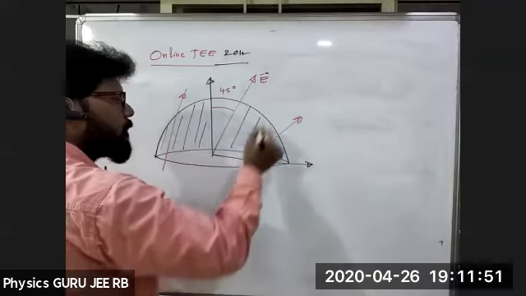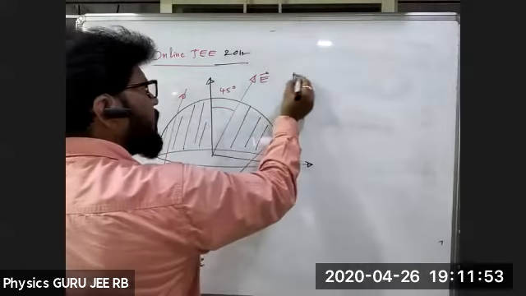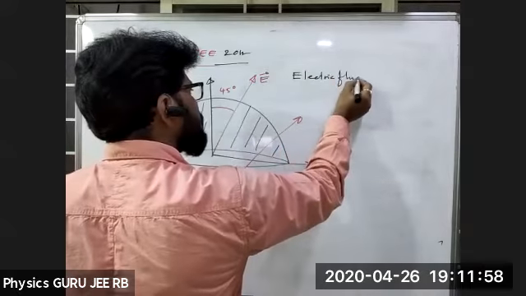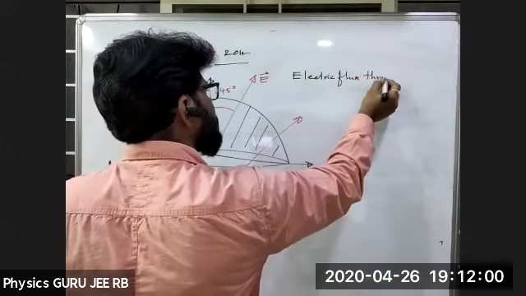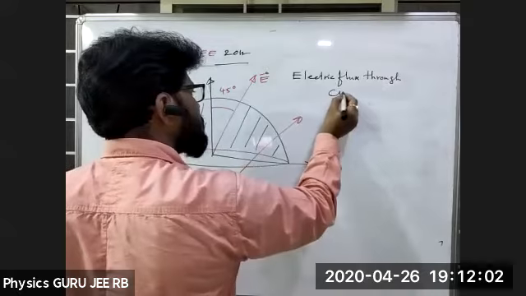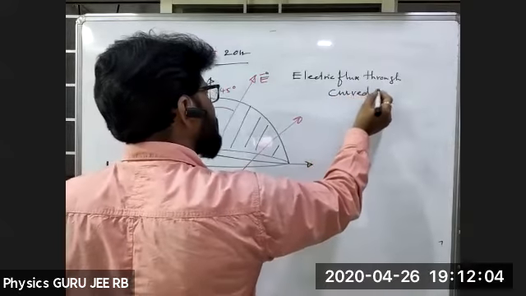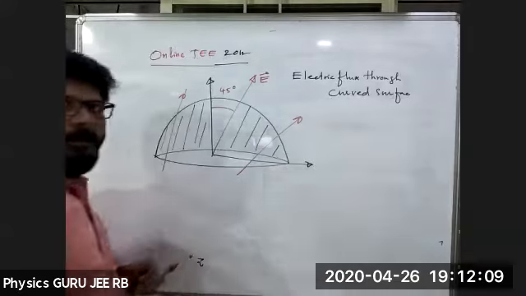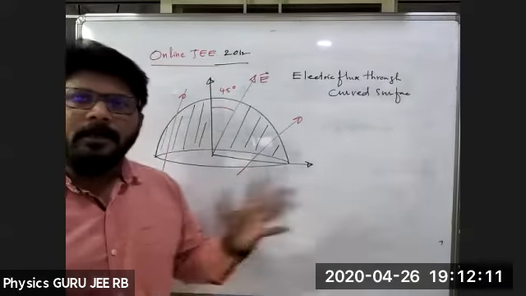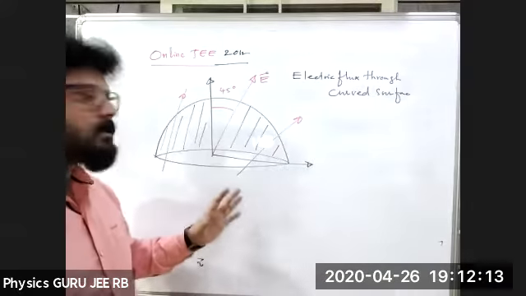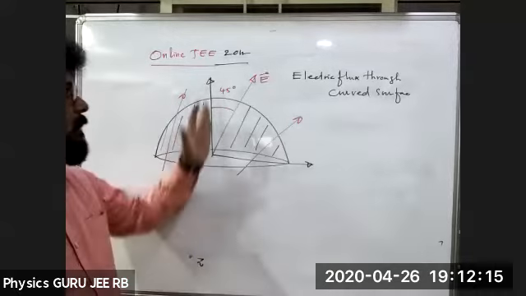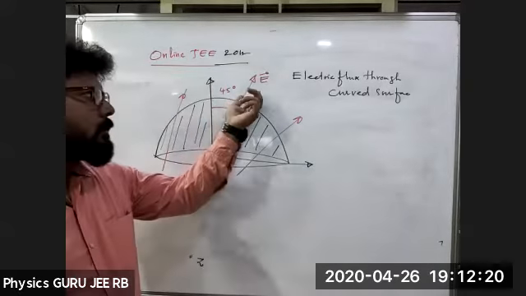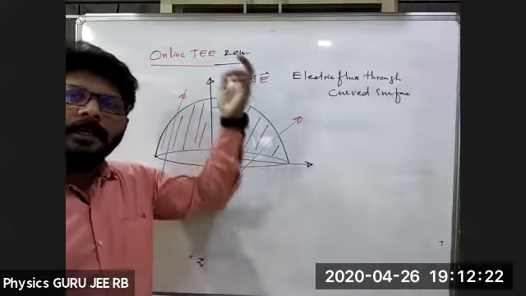What we require is electric flux through the curved surface, right? So how to calculate electric flux through the curved surface? Already in the basics we discussed. This is nothing but the direction of area vector and the component of E along the direction of area vector.